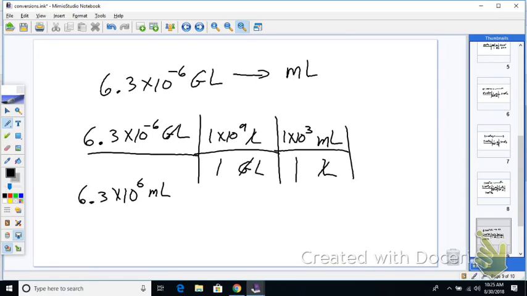So minus 6 plus 9 is plus 3, is 6. 6.3 times 10 to the 6. And that's what you get. Don't put negatives down because we're always putting 1 in front of the bigger unit. If you choose to do it the other way, that's up to you. I'm not going to show that because I want to be consistent on showing these.